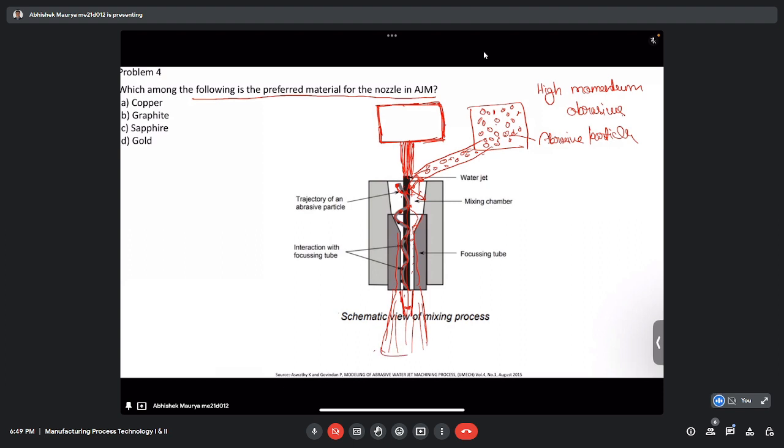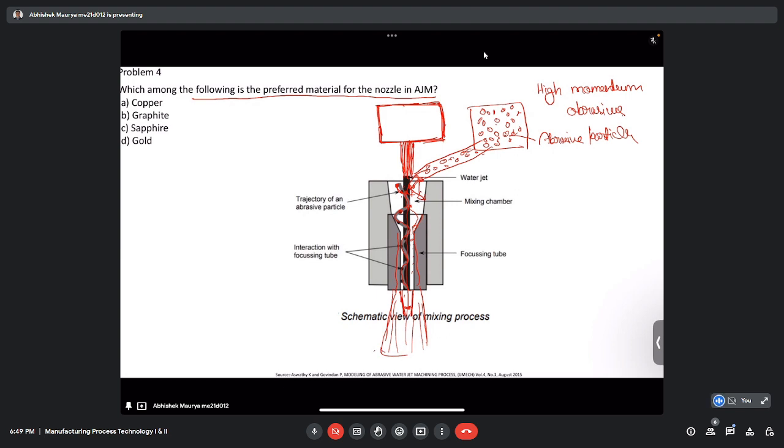So what we want is that the nozzle material should be very hard, so that it does not wear out with time. Therefore we use a very hard material for making the nozzle.